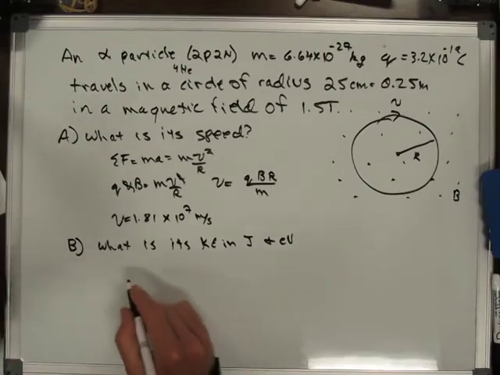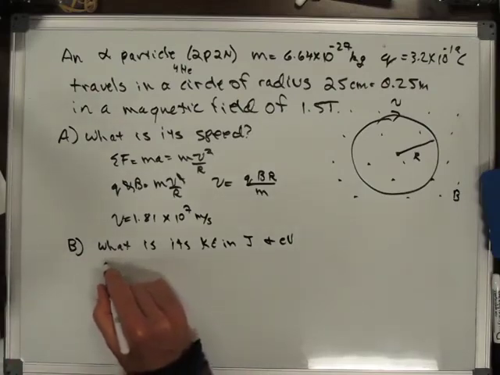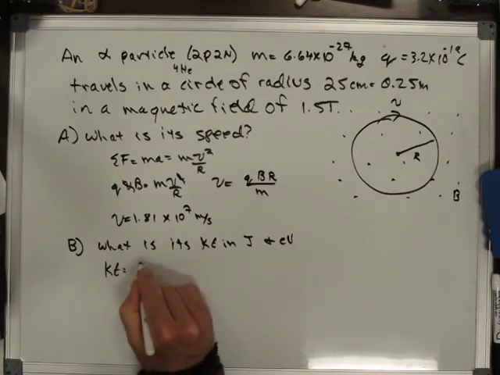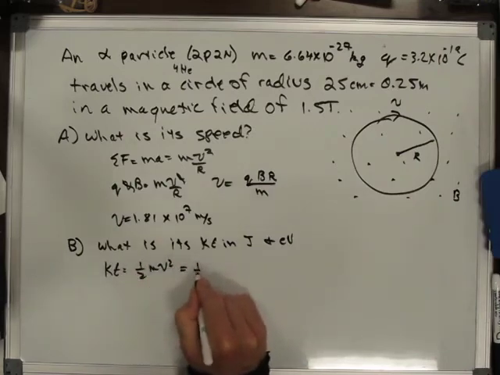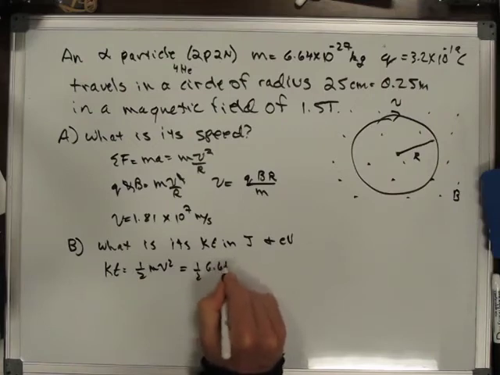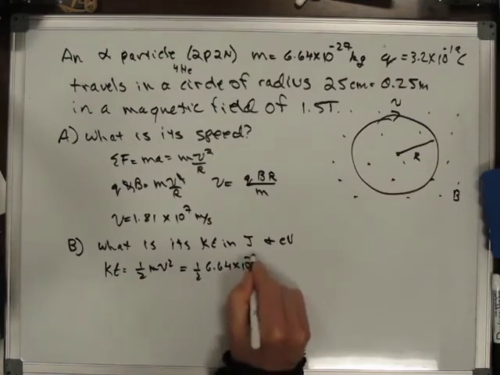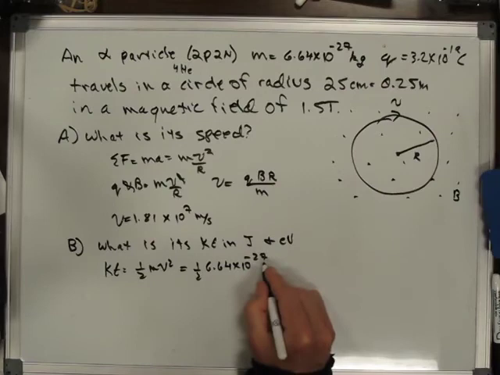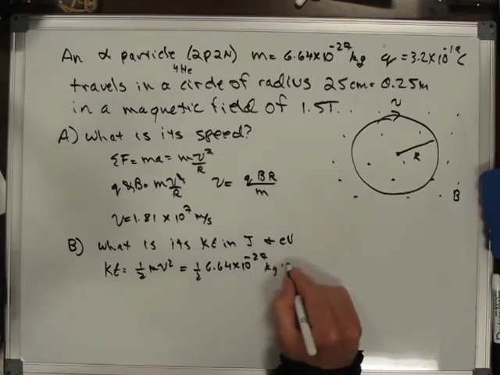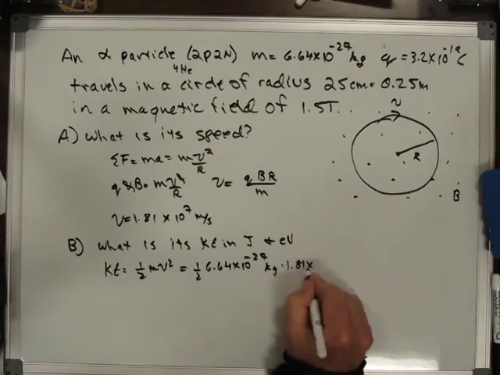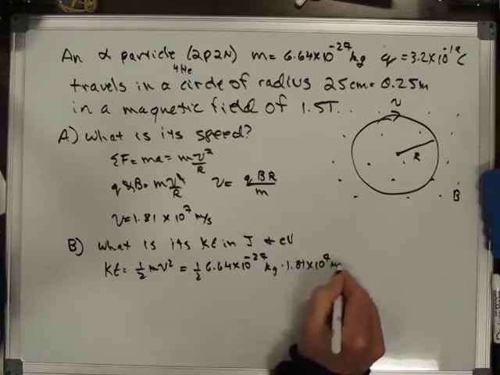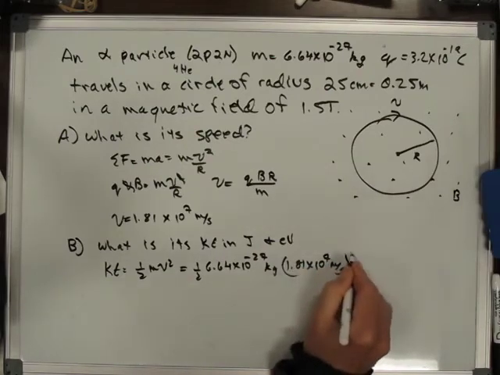And so its kinetic energy in joules is just 1/2 mv squared. And so that's 1/2 times 6.64 times 10 to the minus 27 kilograms times 1.81 times 10 to the 7th meters per second squared.